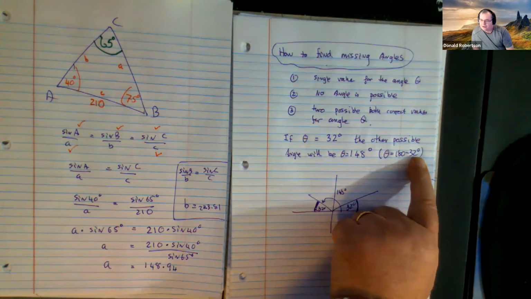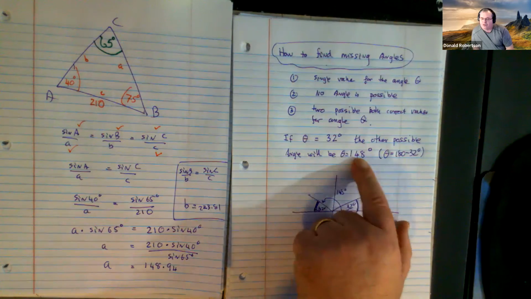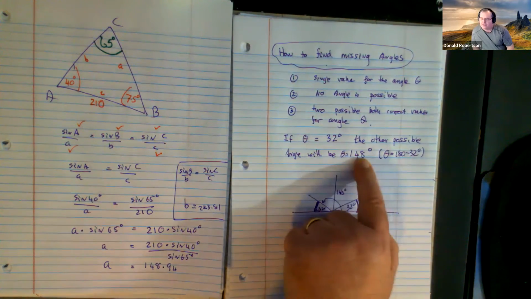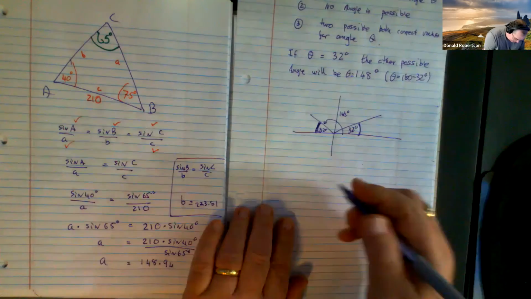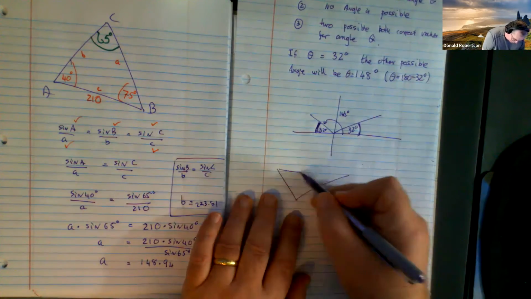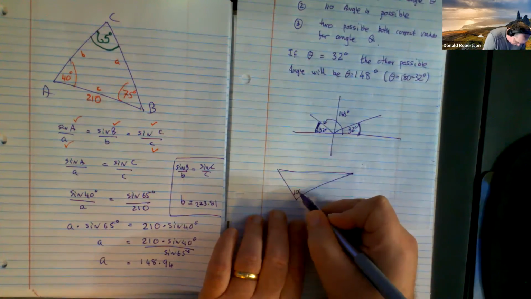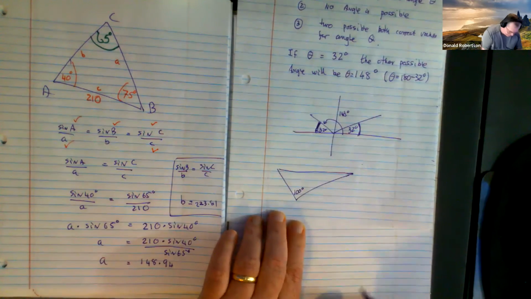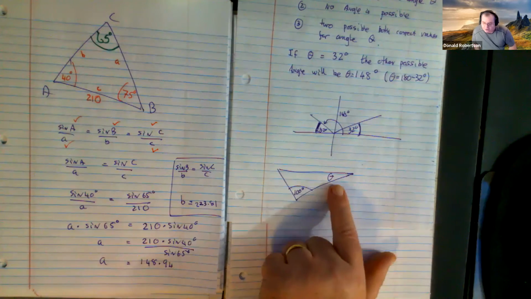The calculator always gives you the acute angle. And you might say, well, that means that there's always going to be two answers. Well, let me show you why it might not always be the case. Can you imagine that you've got a triangle where you already know that this angle here is 100 degrees, and you're trying to find this guy? There's always going to be room for 32.